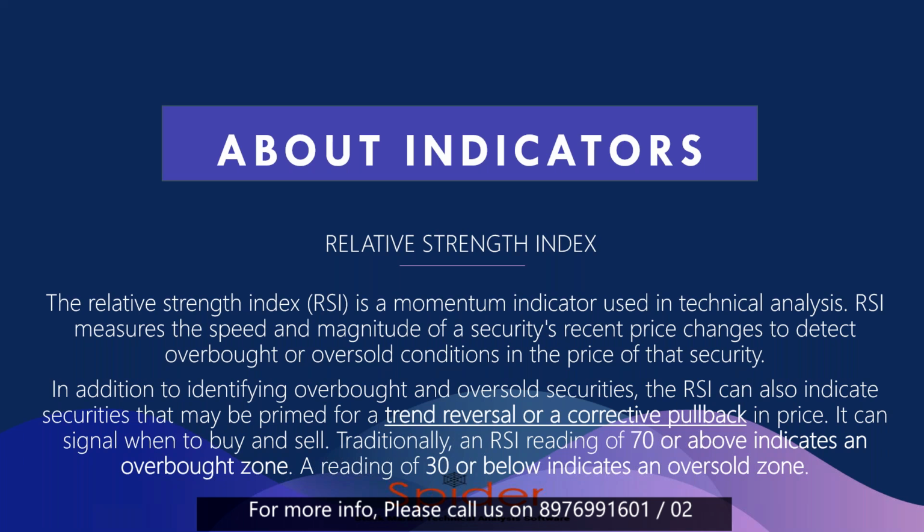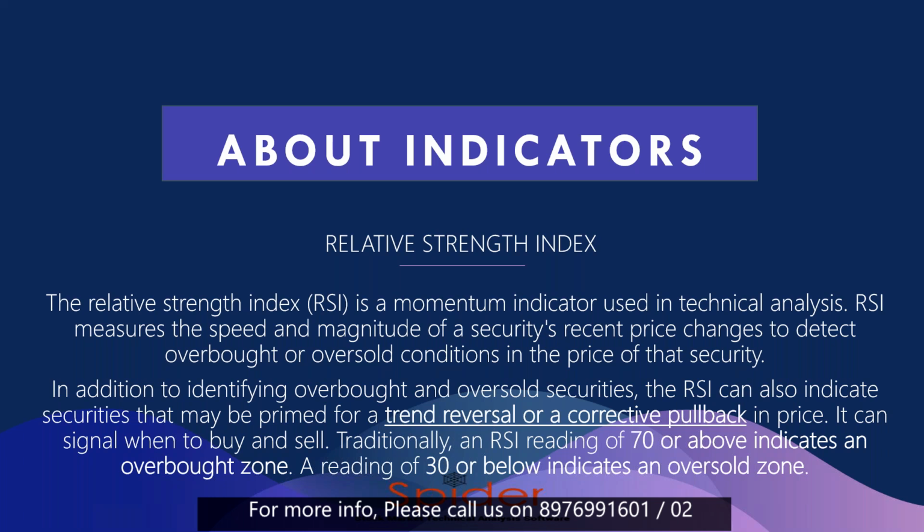Not just this, RSI has too much to give. You can see the trend reversal and corrective pullback, and you'll be able to see the above 70 zone and the below 30 zone. Above 70 is indicated as an overbought zone, where once the RSI touches and crosses 70, you'll see the trend take a sort of reversal. Sometimes, if the price is going good and the stock is moving right, it does give a good run up from there also.